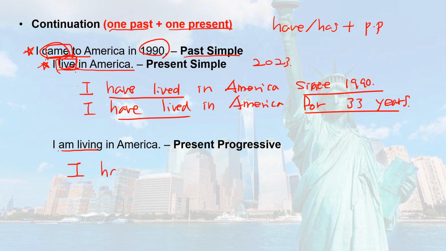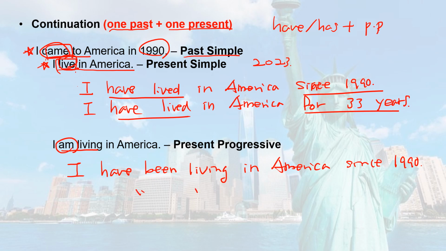I have, so this is be, a past participle be is I have been, and then living. I have been living in America. I have been living in America since 1990, or I've been living in America for 33 years.